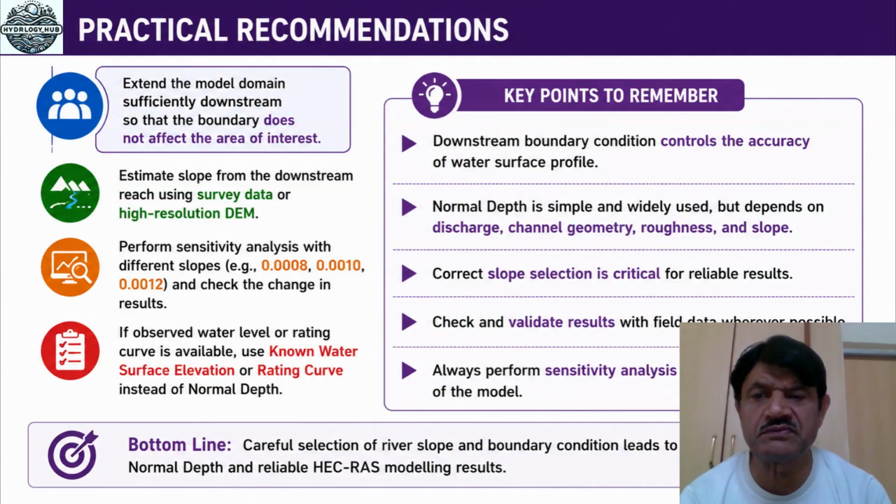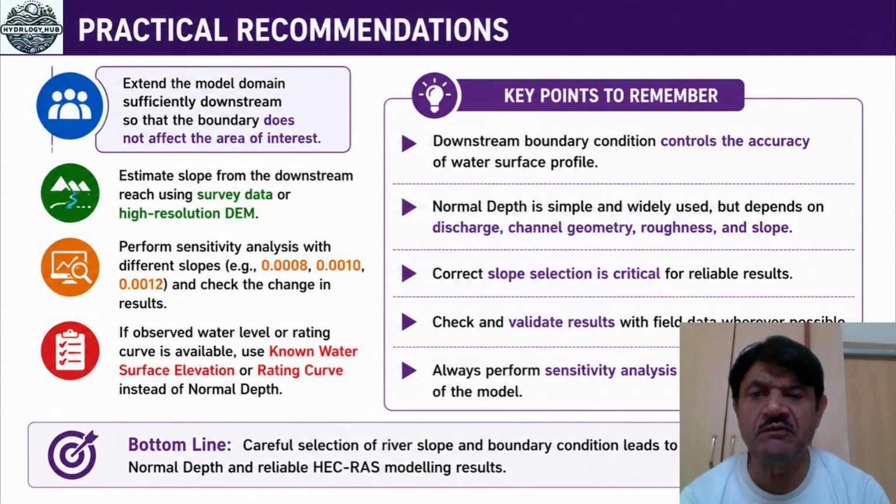Third, perform a sensitivity analysis. For example, repeat the simulation trying slope values such as 0.0008, 0.001, and 0.0012 or something else. If the water levels remain nearly unchanged, your model is considered stable.